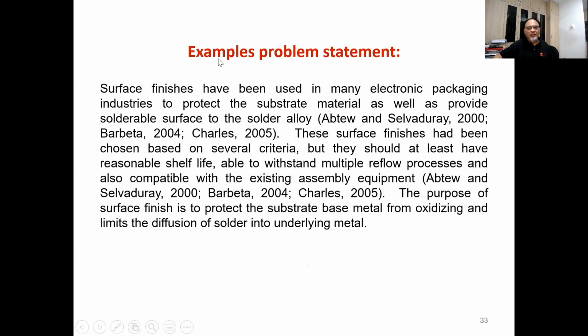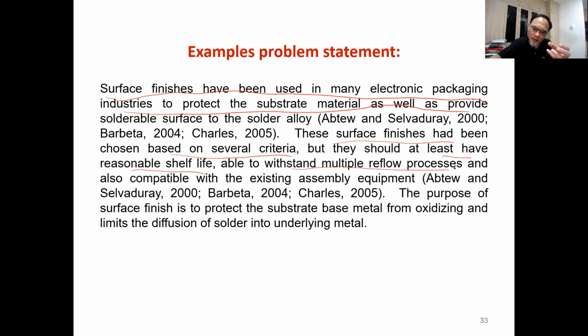Okay, right. This is an example of a problem statement. Surface finishes. This is quite old, but it's okay. This is the background: surface finishes have been used in the electronic packaging industry to protect substrate material. And then these finishes have been chosen based on several criteria. They should at least have reasonable shelf life and so on. So it is about lifetime and withstanding multiple reflow processes.